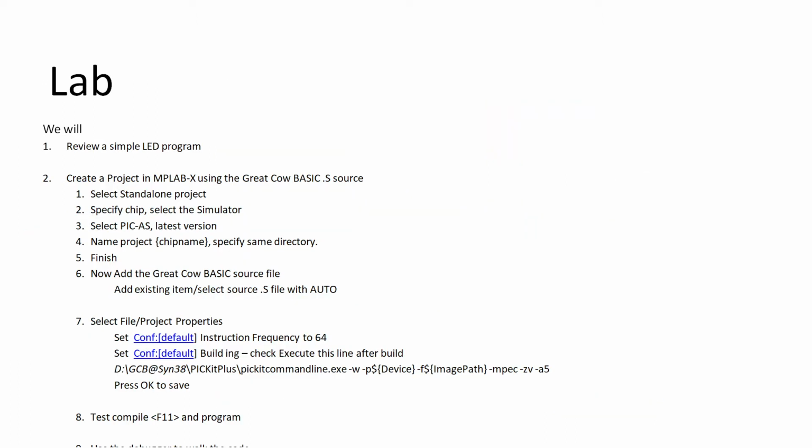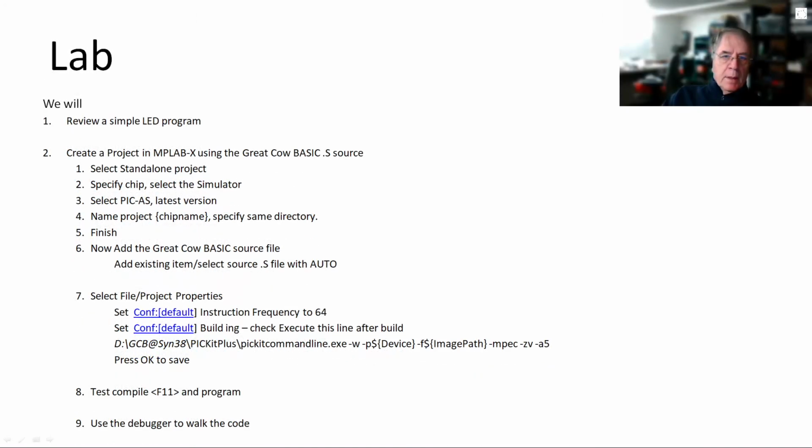Okay? So we're going to do two things. We're going to review a simple LED program, compile it using PIC-AS, push that code out to MPLAB, and then take the hex and program it. We're going to do that inside of the Great Cow Basic IDE.